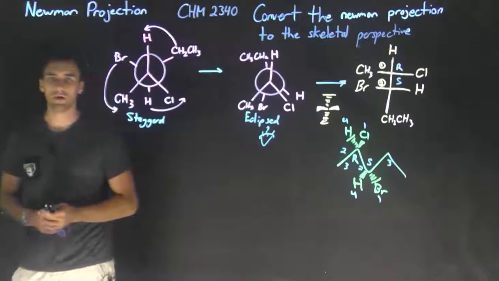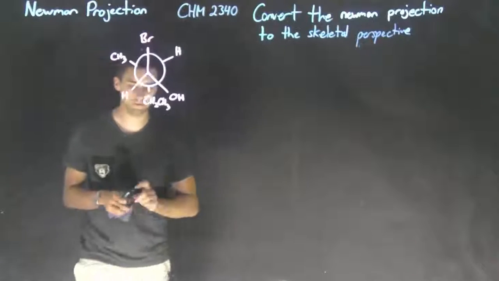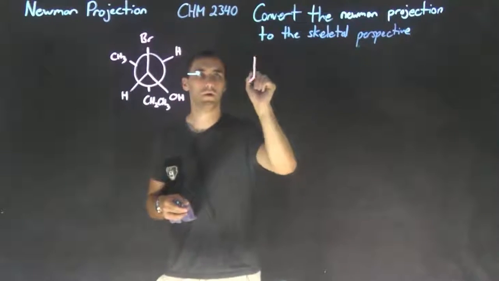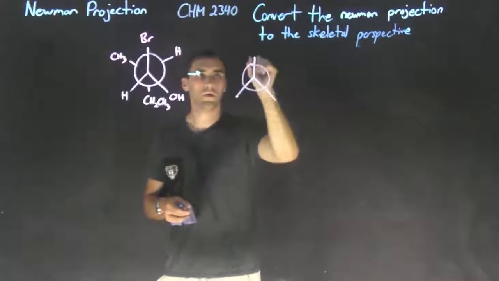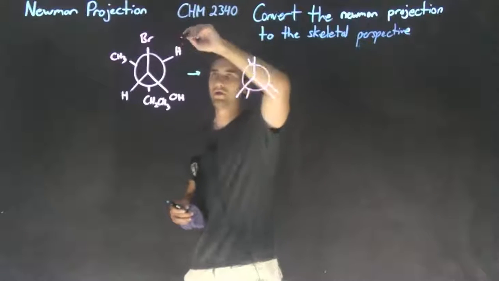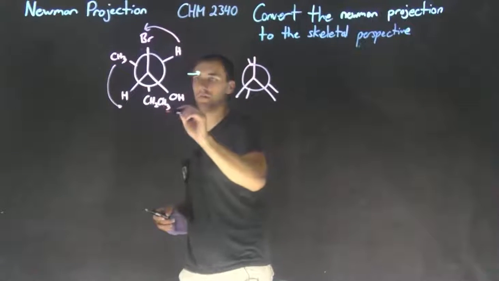Now on to the next molecule. To start, we need to go to the eclipse form. I will rotate the back carbon this way.